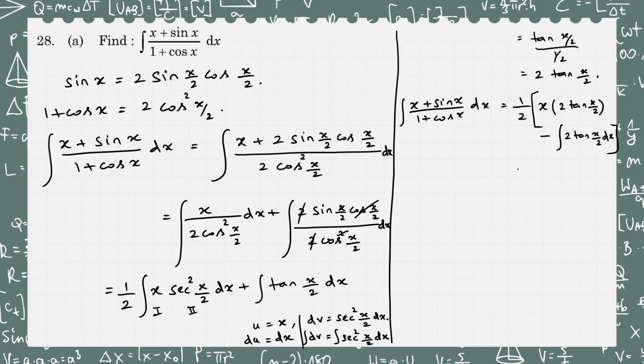And there is another value after this, which is integral tan x by 2 dx. So this will give you 1 by 2 into x into 2 tan x by 2.